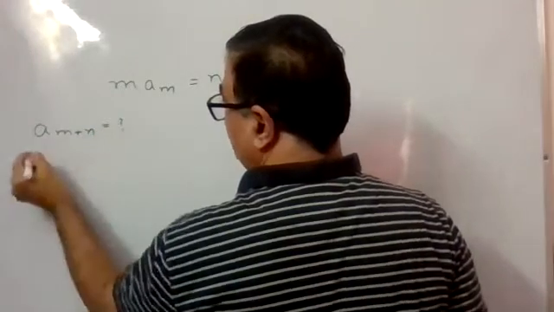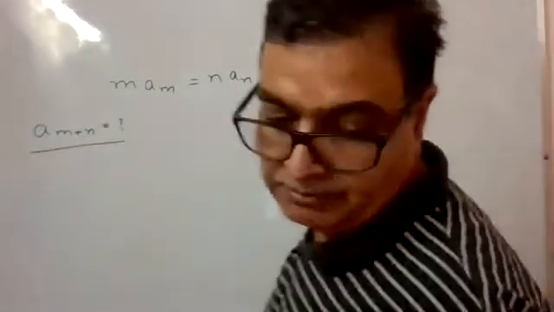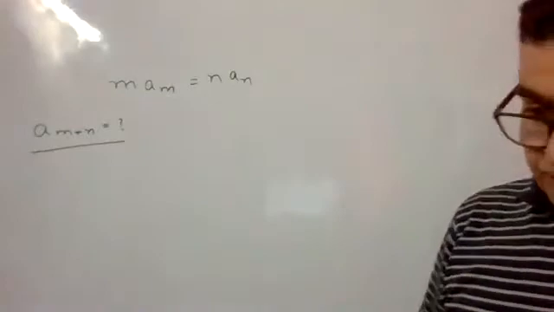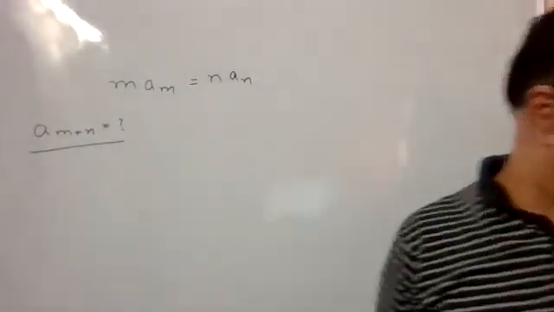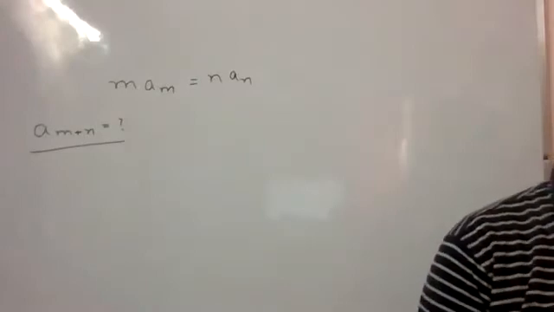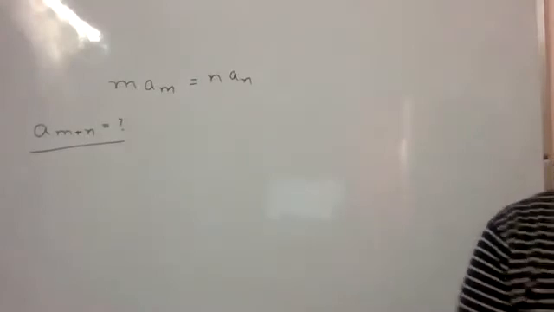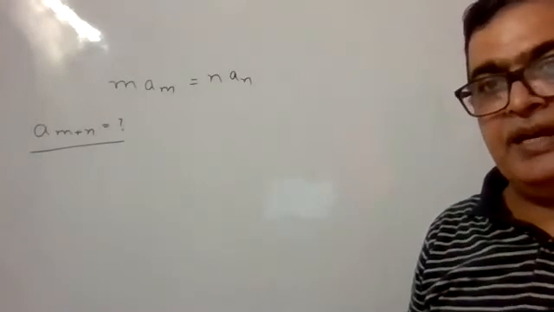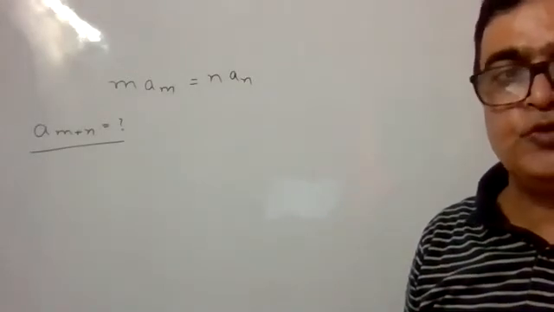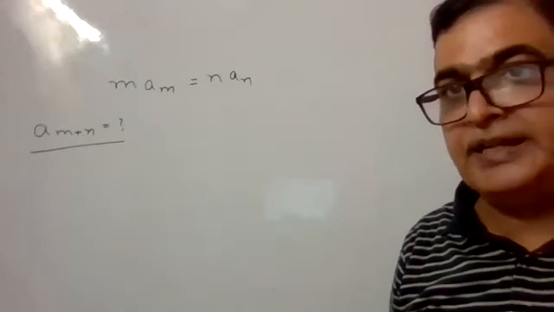You should find out which is the m plus nth term. m times the mth term is n times the nth term, then you have to find out the m plus nth term here.